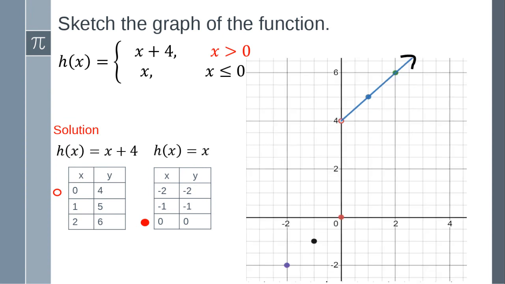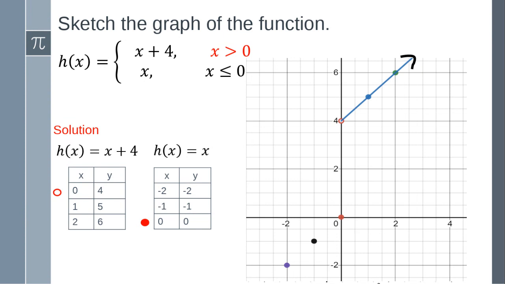Let's do the other part. So to graph x, when x equals -2, y equals -2, indicated in purple. When x is equal to -1, y is equal to -1, indicated in black. And our filled circle, when x is equal to 0, y is equal to 0, indicated in this pink color.